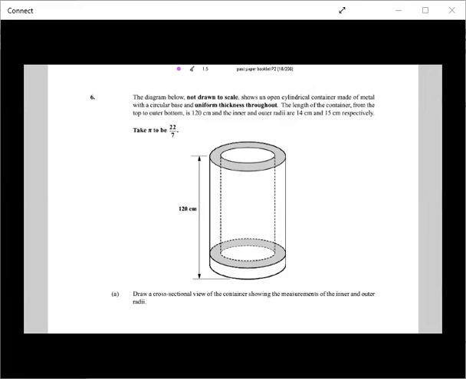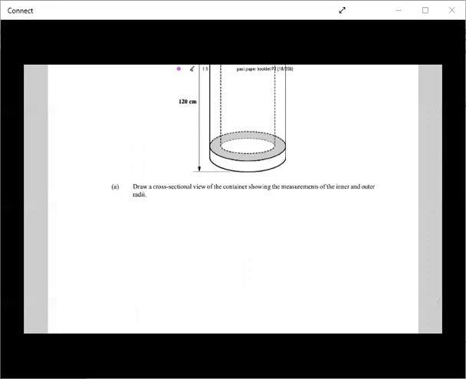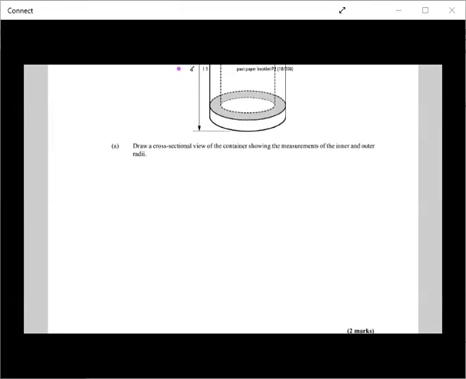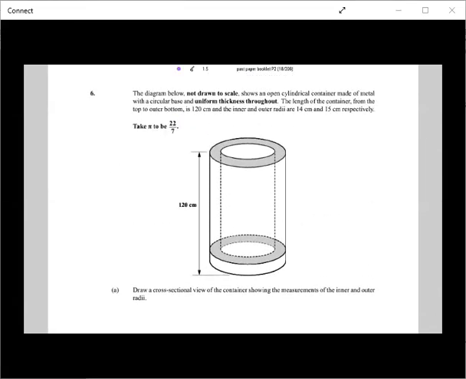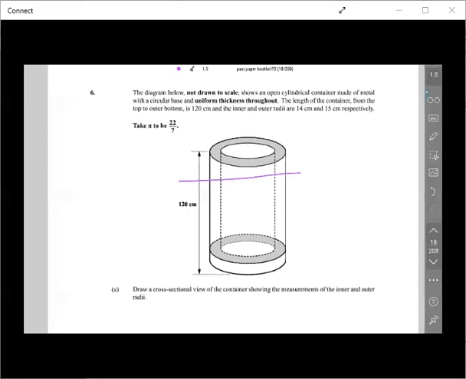part A is asking us to draw a cross-sectional view of the container showing the measurements of the inner and outer radii. All right, this is not supposed to be difficult. Cross-section means simply this. It's like you take a knife and cut the container like that. And I think I gave this definition when I taught this topic.